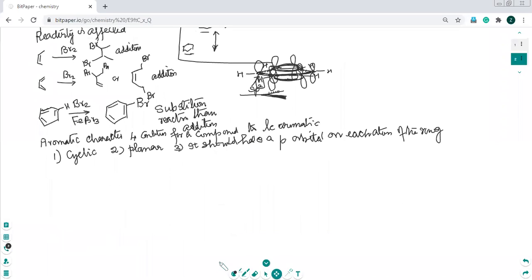And the fourth condition is known as Huckel's rule. It should have a total of 4n plus 2 pi electrons.